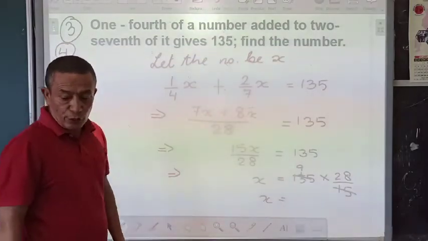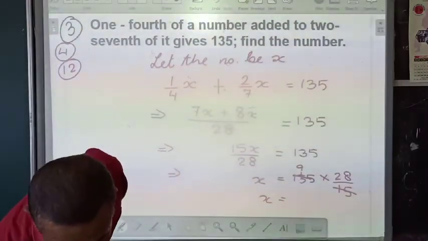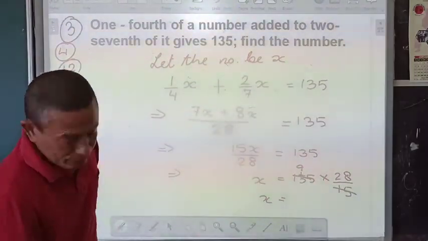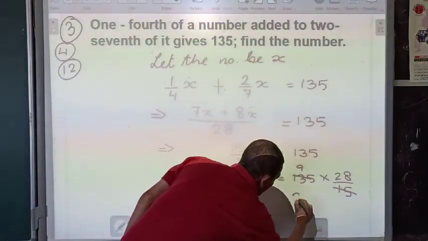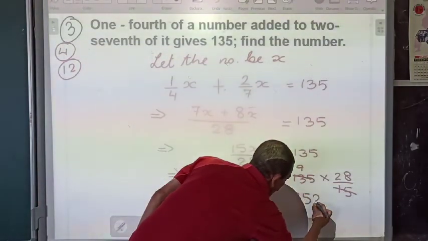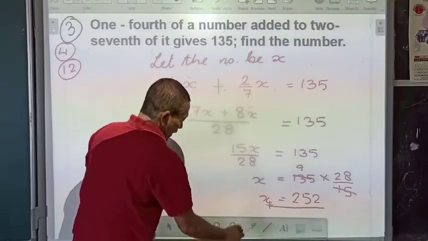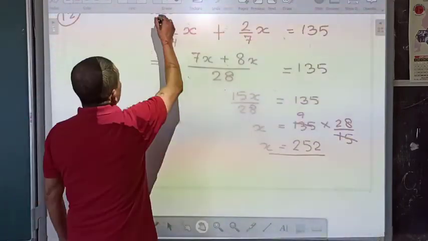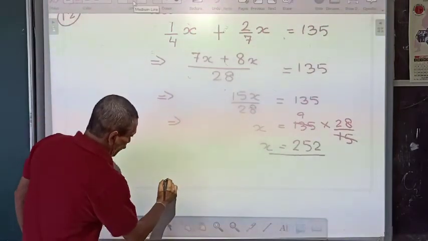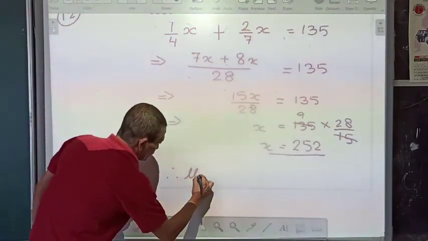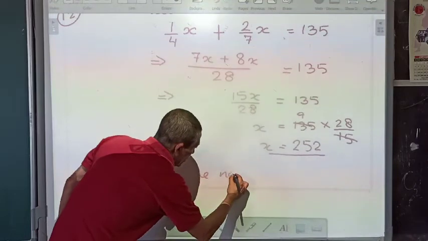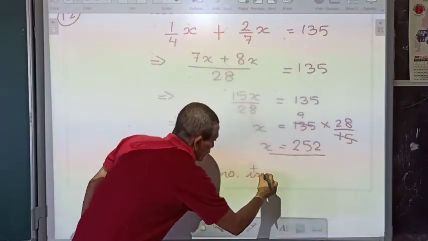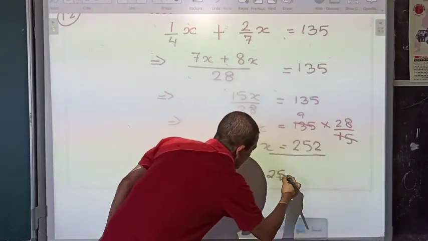So 9 into 28 should actually give you, I think, 252. Now finally, I write one more statement saying that therefore the number is 252.